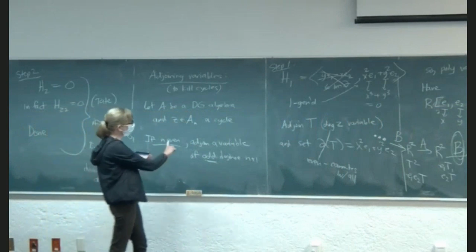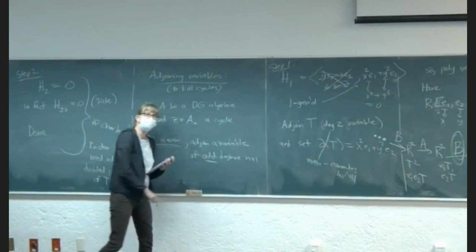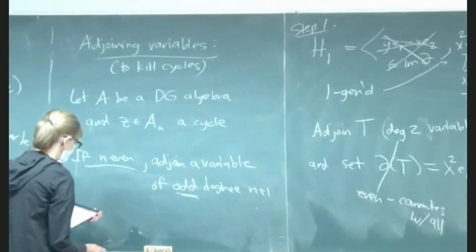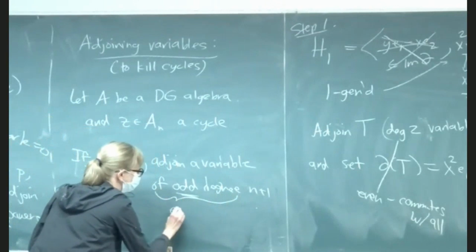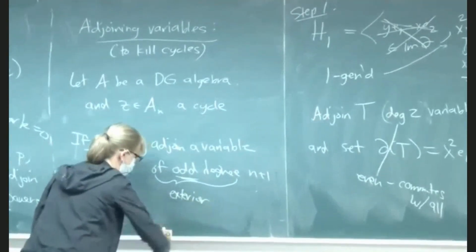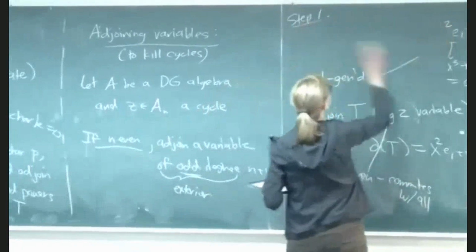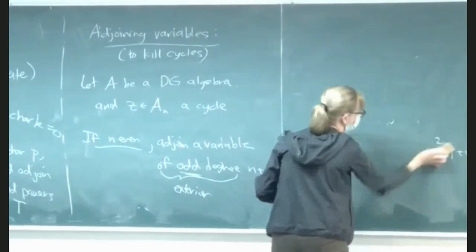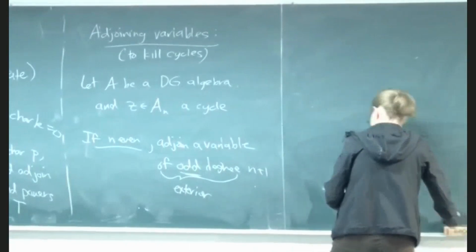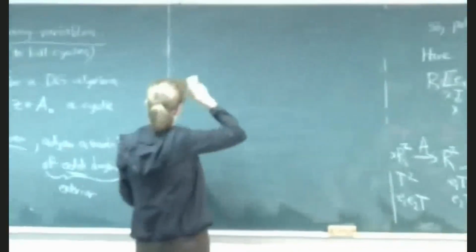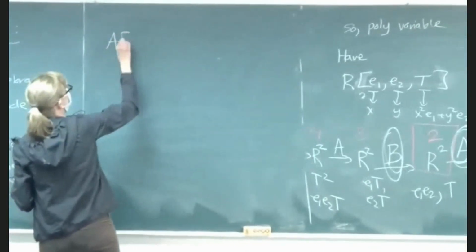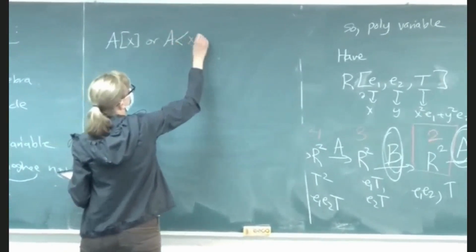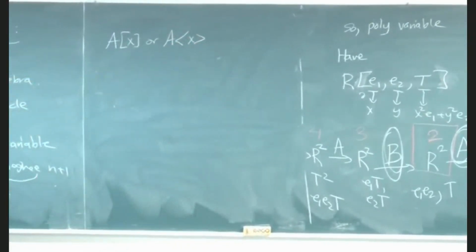Okay. So we're going to adjoin a variable of odd degree, which means it is what type of variable? Exterior. So this means it is exterior, meaning it forms an exterior algebra. So we can call this, like we did earlier, A of x, or we can call it A of x with an angle bracket. It doesn't matter either way.